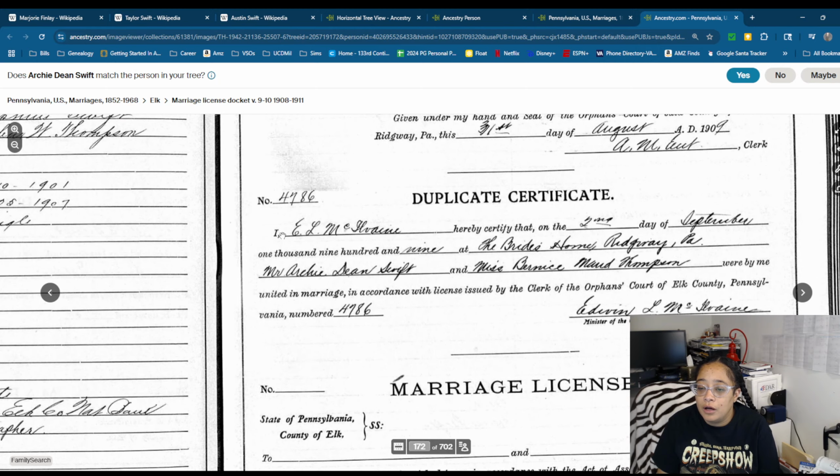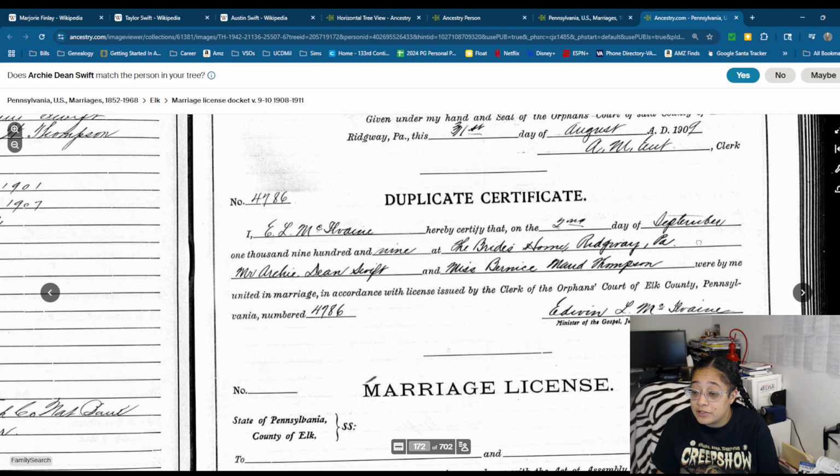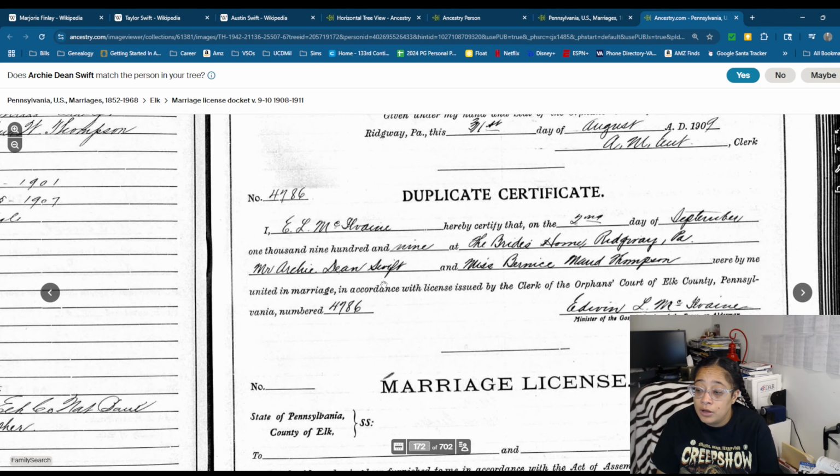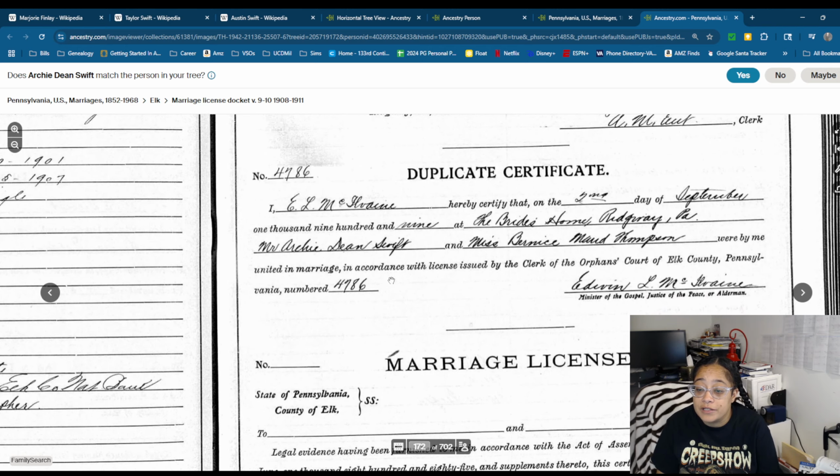So this person certified, who ends up being the minister of the gospel, that on September 2nd, 1909, they were married in Ridgeway, Pennsylvania at the bride's home, and this was in accordance with the license issued by the clerk of the Orphans Court of Elk County, Pennsylvania.